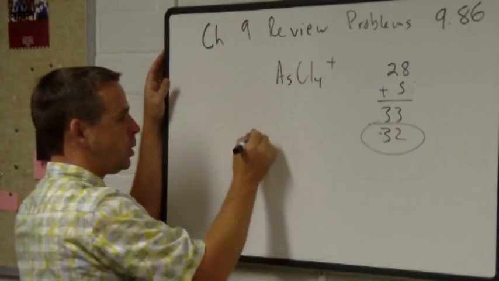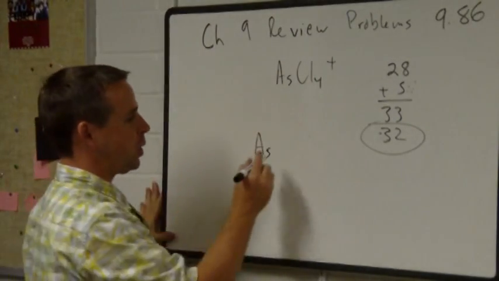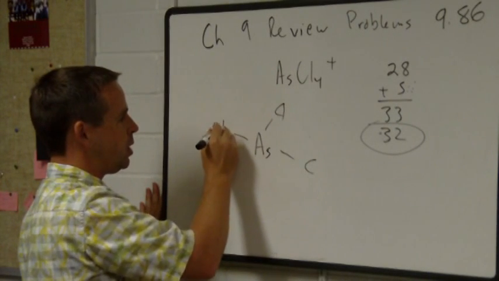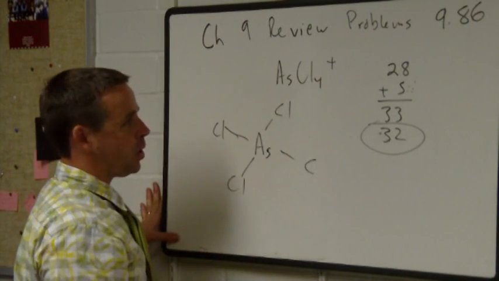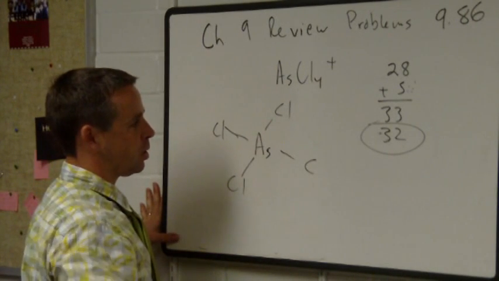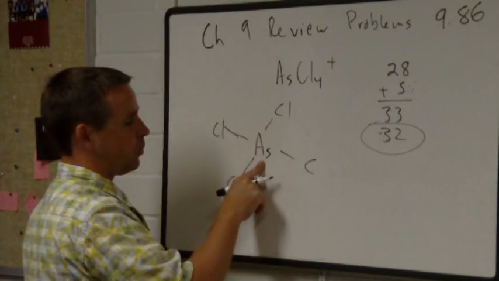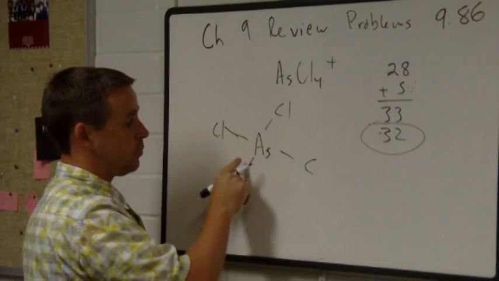We identify the central atom. In this case, it's going to be arsenic because there's only one of them. We evenly distribute the chlorines around the outside of the arsenic, 4 of them. Then we start adding electrons to this molecule. First, we fill the octet of the central atom, and it's full here.